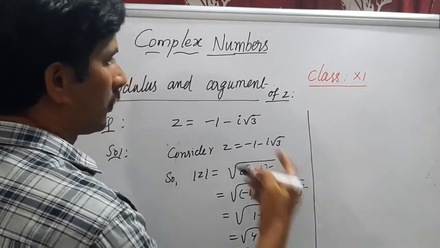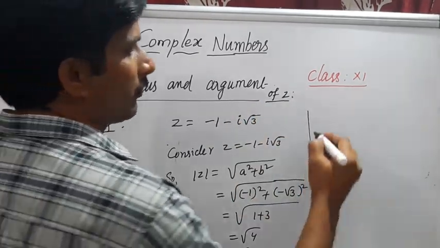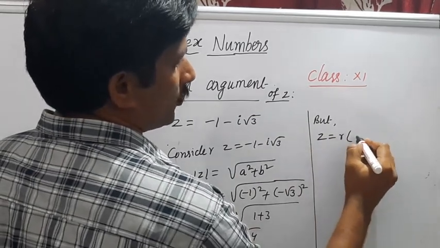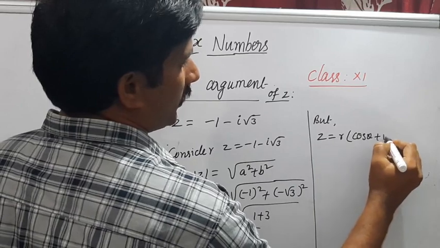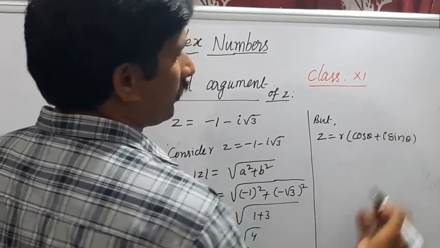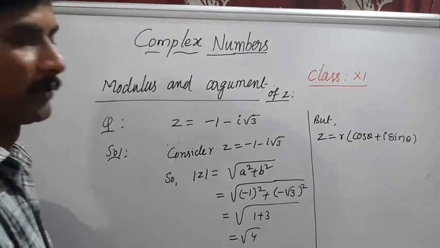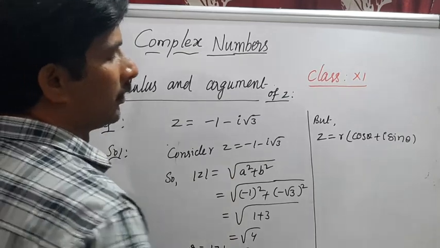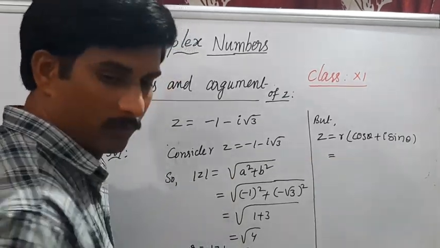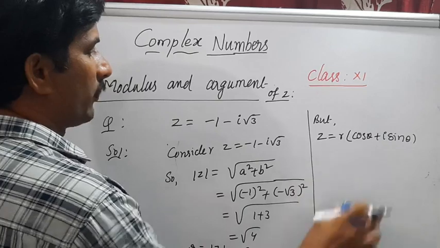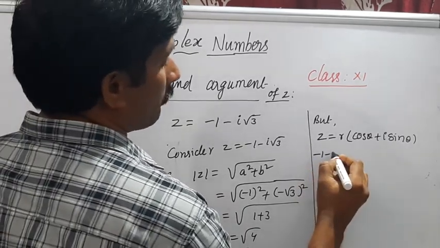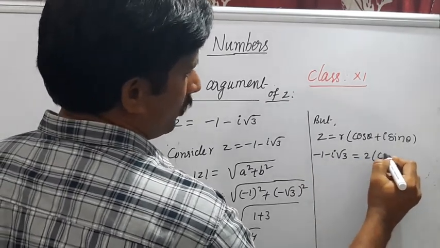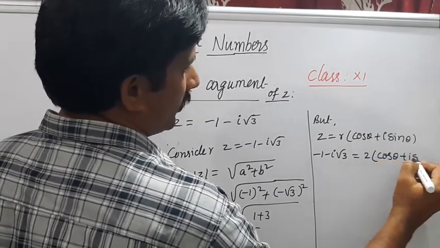The next one is argument of a complex number, but we know that Z equal to r into cos theta plus i sin theta. Here r is nothing but mod Z. So r is equal to 2, and Z is given as -1 minus i root 3.